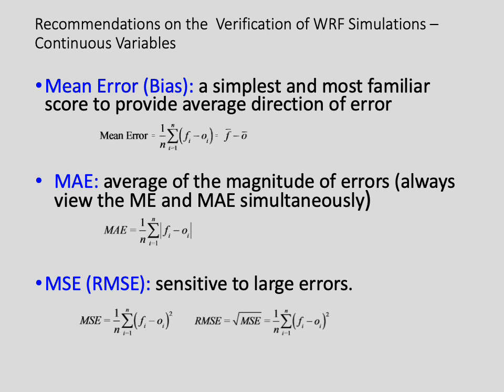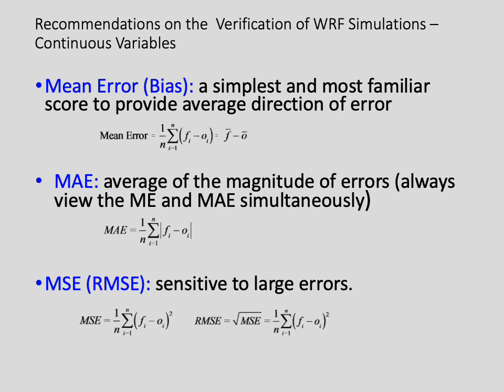Positive values indicate the forecast is too high on average, and the negative values indicate the forecast is too low. However, the mean error doesn't give us any indication of the magnitude of the errors. It is possible that the mean error could be zero, but the forecast could have large bias because positive and negative errors can offset each other.